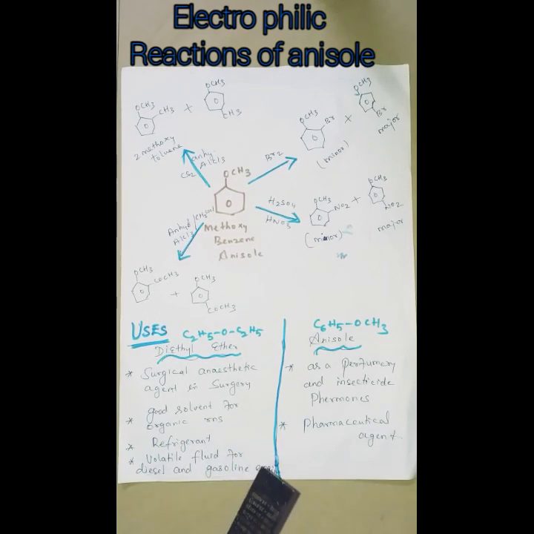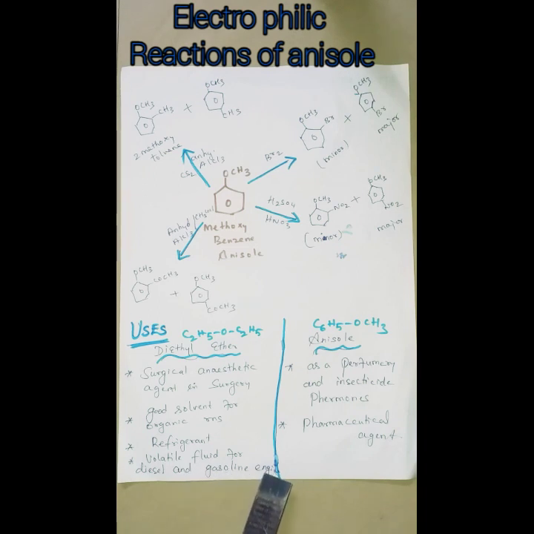Third, as a refrigerant, that means in fridges or AC as a cooling material. Fourth, it is a volatile fluid for diesel and gasoline engines, mixed with alcohol and used as a volatile fluid.